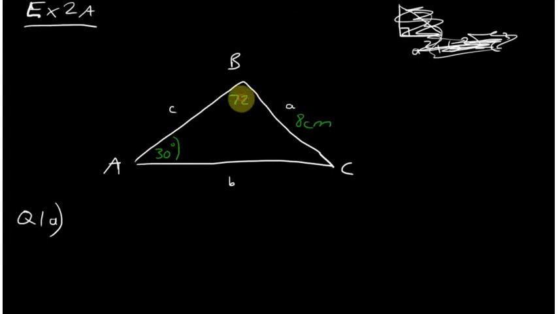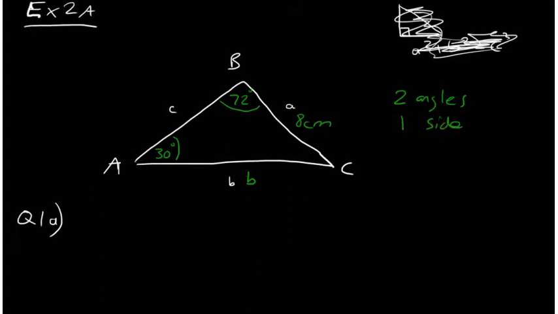B is 72 degrees. So clearly not a right angle, and they want us to find b. We need to find b. That's all they've given us. So as you may notice, we've only got 2 angles and 1 side.